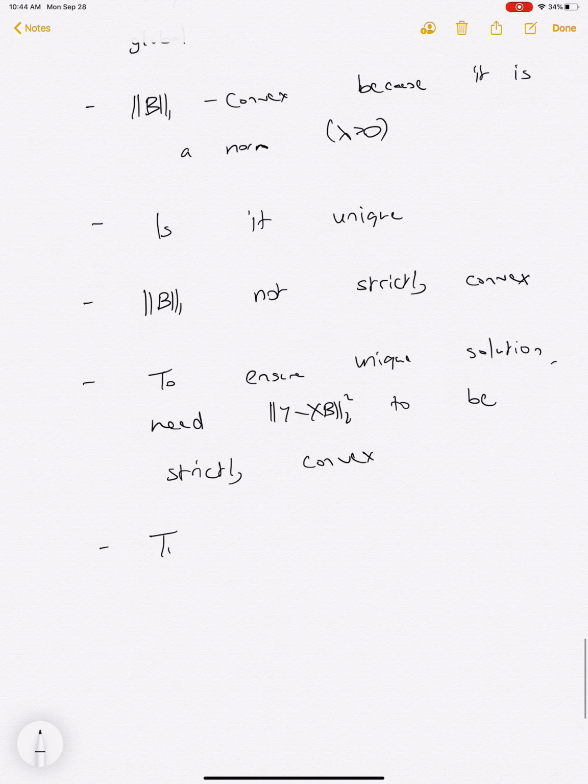And this is true if and only if the rank of x equals p.